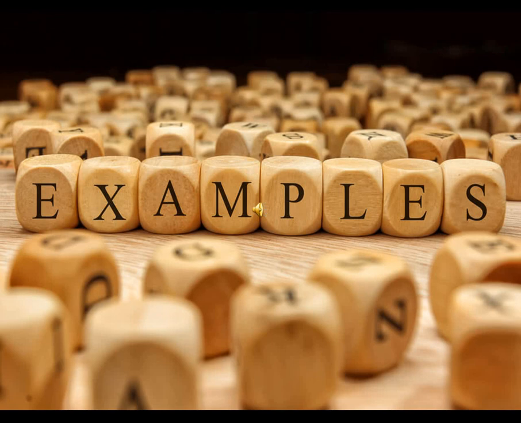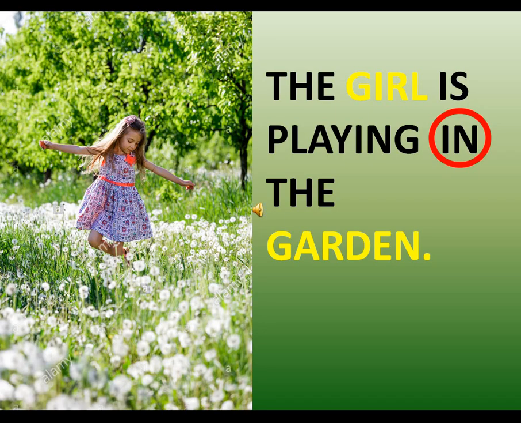To understand what prepositions are in a better way, let us look at some examples. In this sentence, the girl is playing in the garden. Let us identify which word is which part of speech. The words written in yellow, the girl and garden, both of these words are nouns.